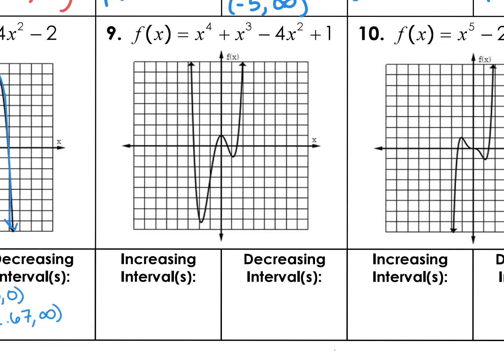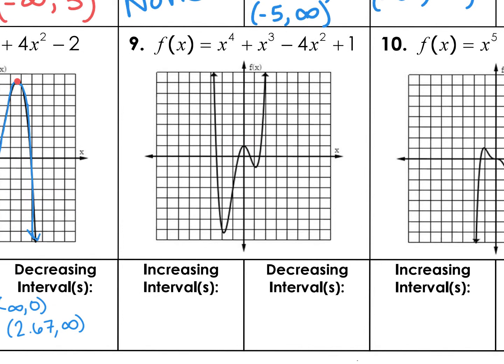All right, let's look at number 9. Starting from left to right, I'm going down, down, decreasing to this point here. So I'm decreasing between the x values of negative infinity and, again, this point, you'd have to put this into Desmos to see exactly what it is. I did that. That is the point negative 1.84. That's the x value of that point. After that, I'm increasing to here.